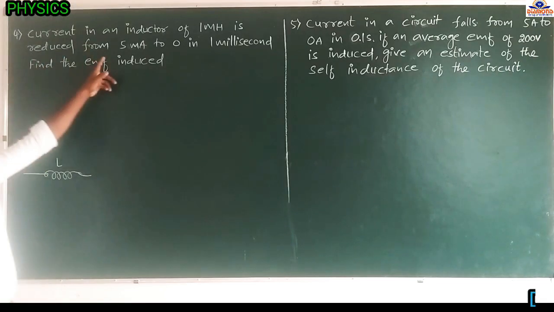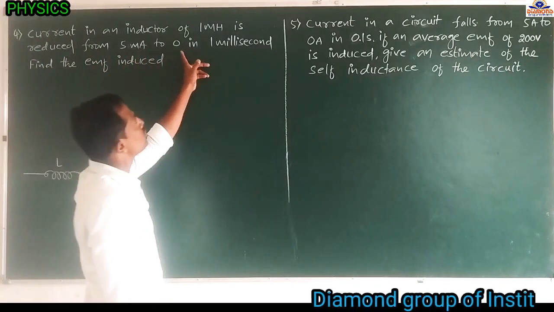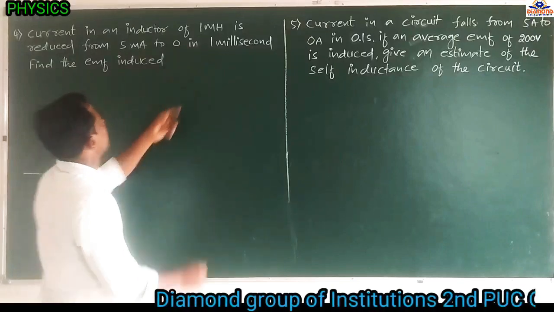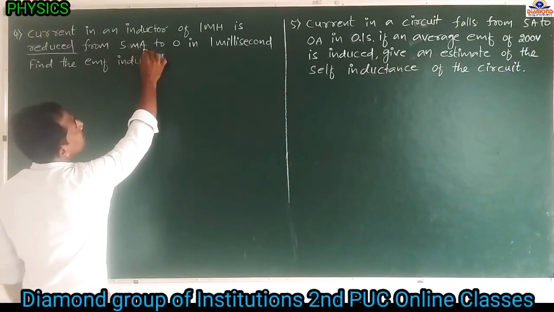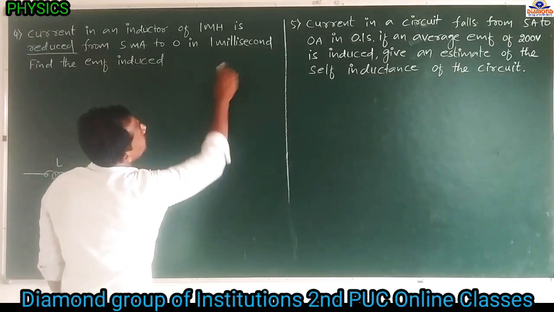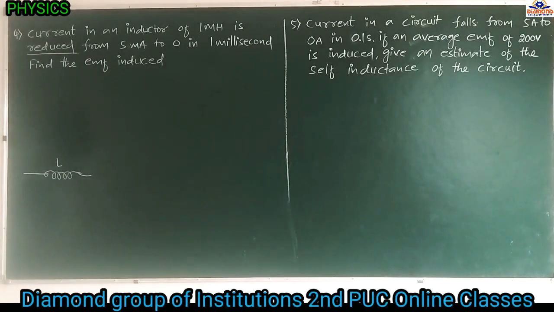The current is reduced from 5 milliampere to 0 in 1 millisecond. Think of this inductor as connected to a battery or AC source. Then current is flowing in this inductor.